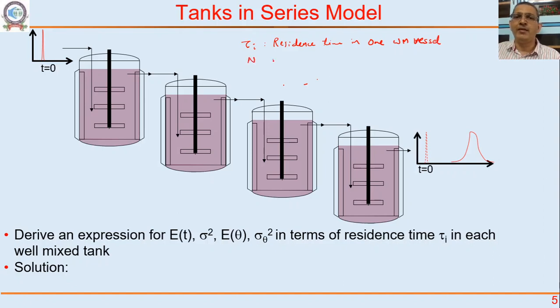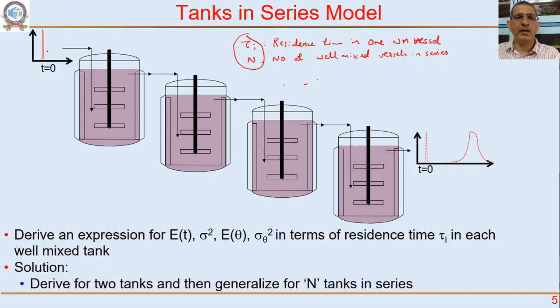And n, the number of well mixed vessels in series. These are the two things that will characterize how this system behaves. So derive the equation based on the pulse of tracer that we had put in. Derive it for yourself.